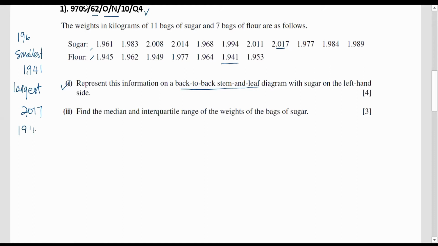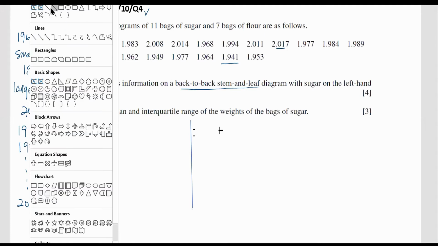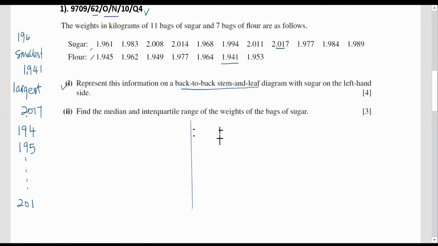All right, so when we pick the stem, the equal intervals, we will start from 194, 195, until we get 201. Now we will draw the line for the stem.